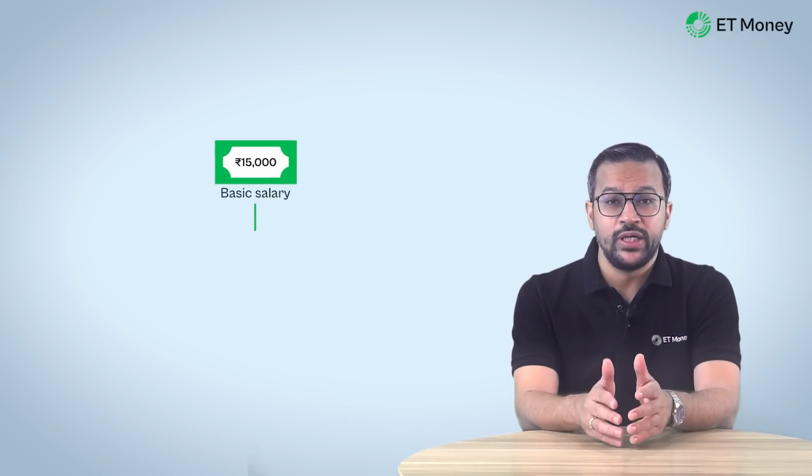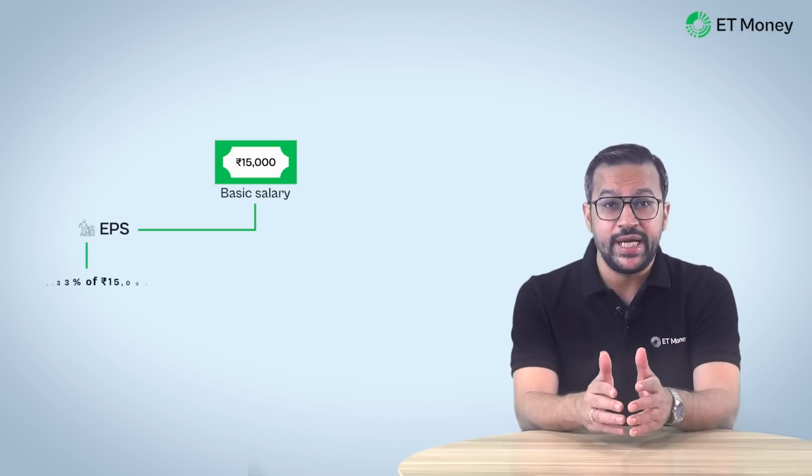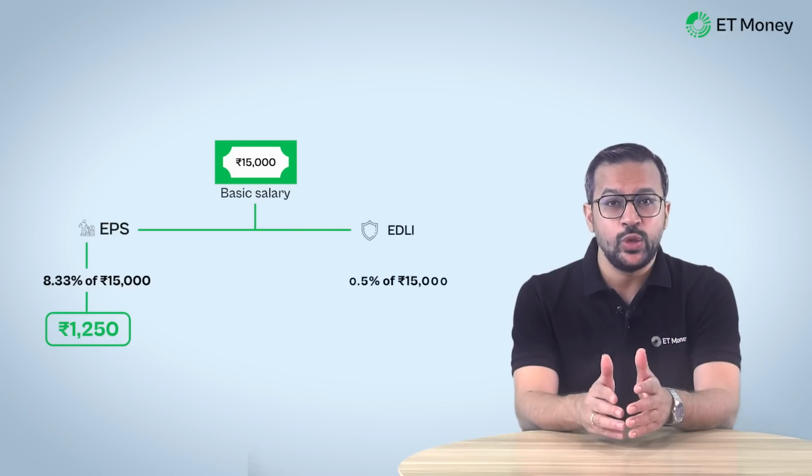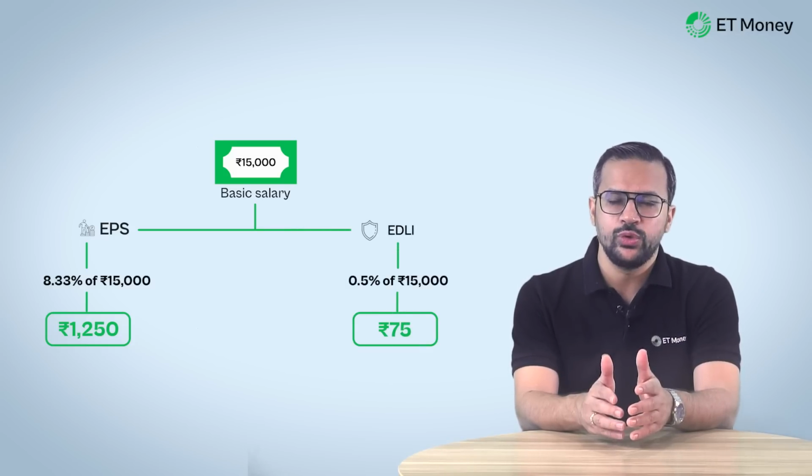What that means is that even if your basic salary is more than 15,000, the EPS and EDLI contributions will only be calculated on maximum amount of 15,000. So the maximum contribution that will go to EPS will be 8.33% of 15,000 or 1,250. For EDLI, that's 0.5% of 15,000 or rupees 75. The balance will go to the EPF.